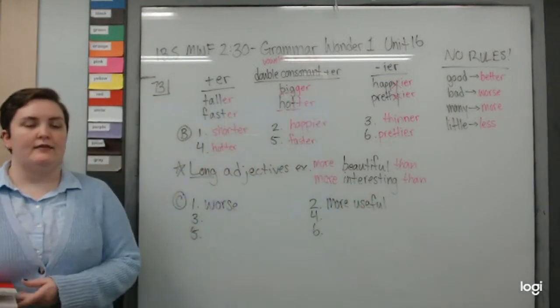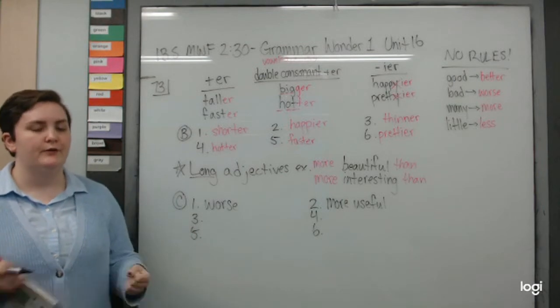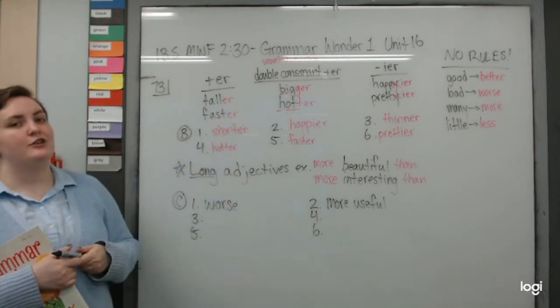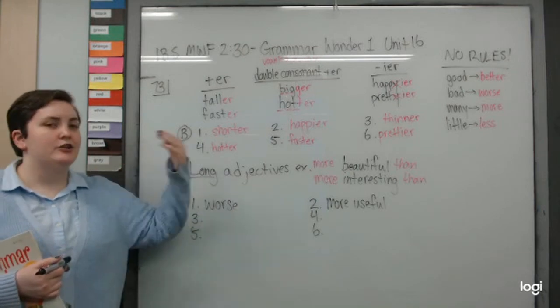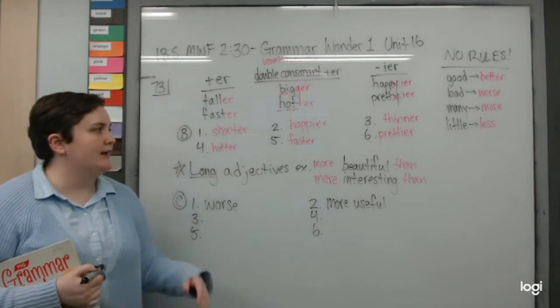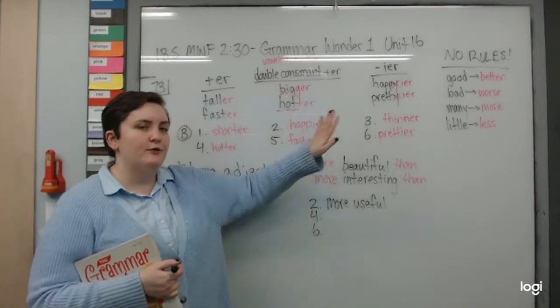Useful means easy to use and good for you. So the whiteboard is useful. I can show you what the grammar means. I can show you how to do your work. This is useful.